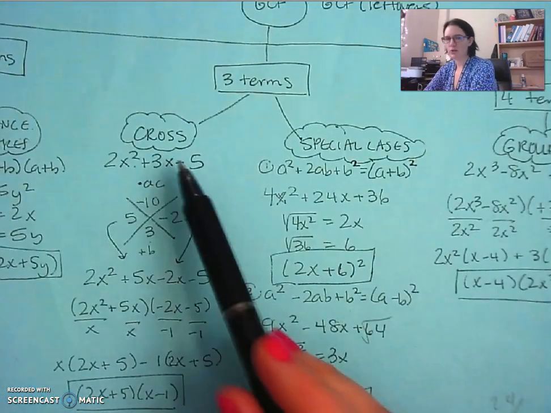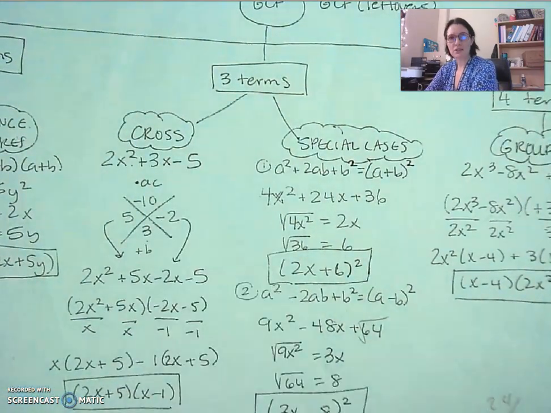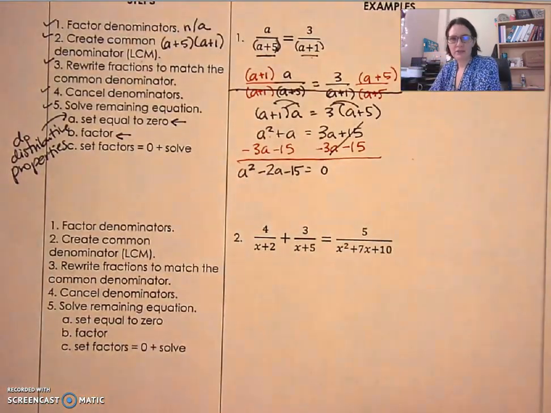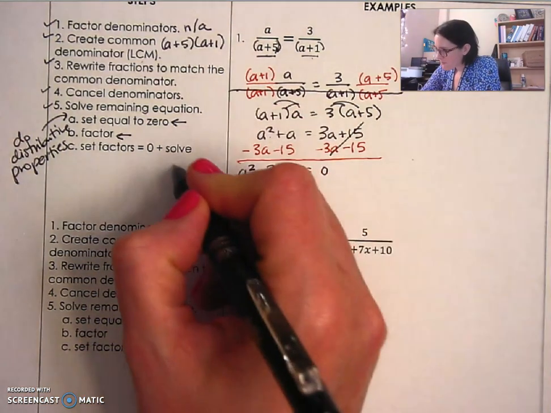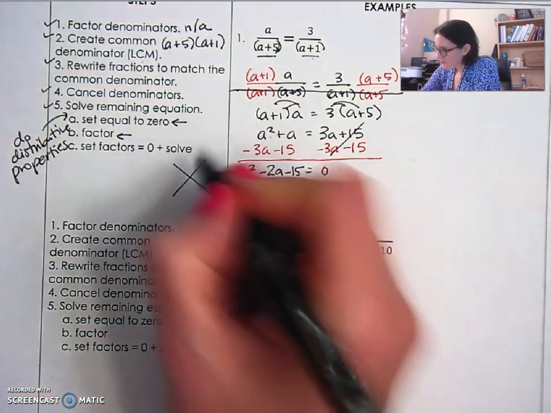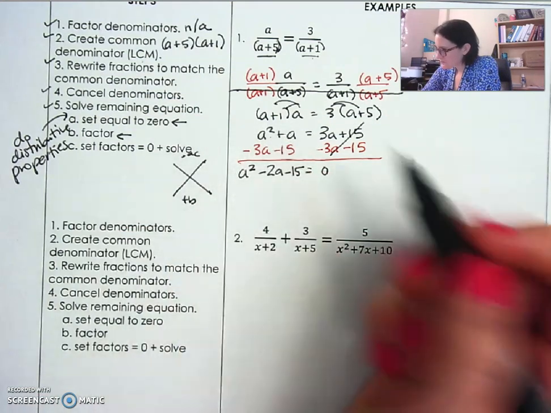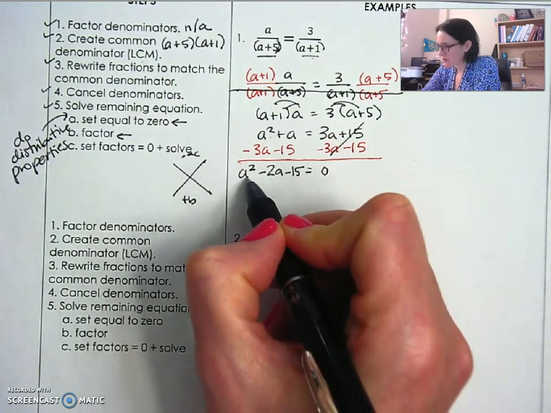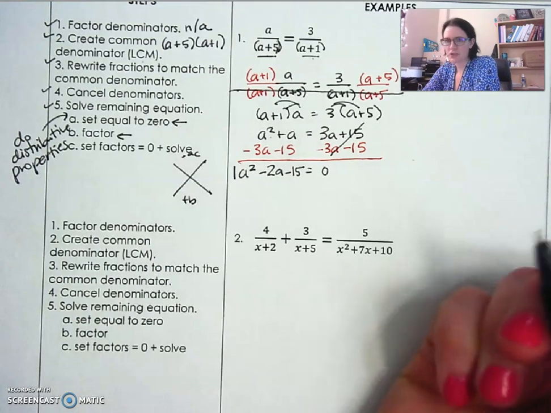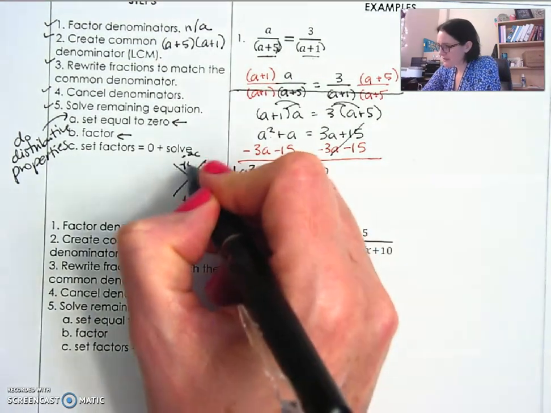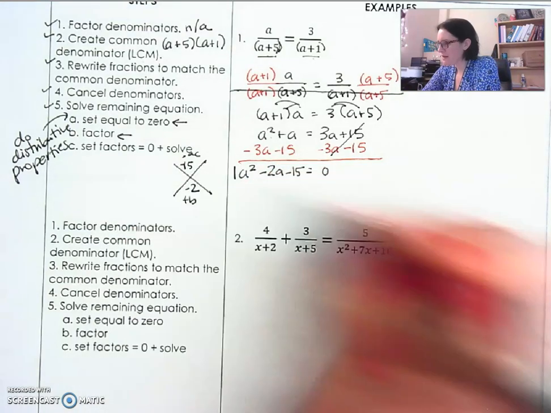It's a cross problem, and it's our shortcut cross because the a value is 1. So shortcut means what multiplies to AC and adds to B. What A, and right here, I don't mean this A variable, I mean the coefficient, which is 1, C is negative 15, B is negative 2.